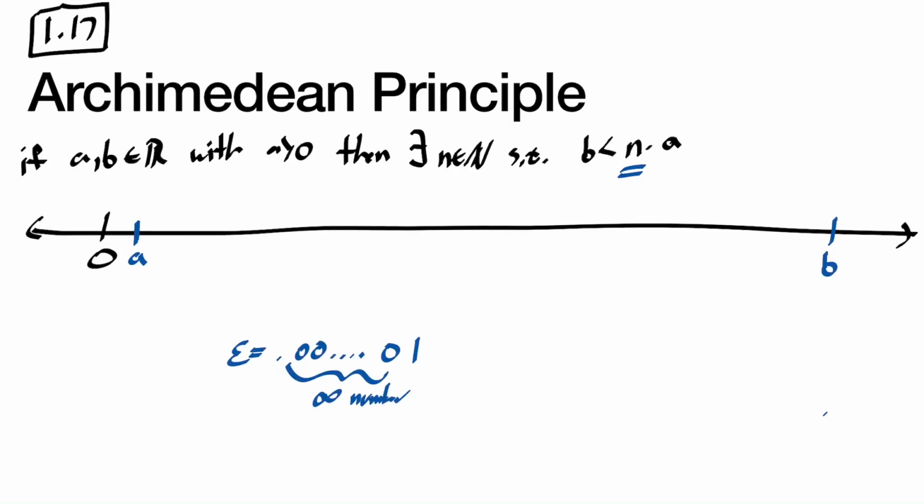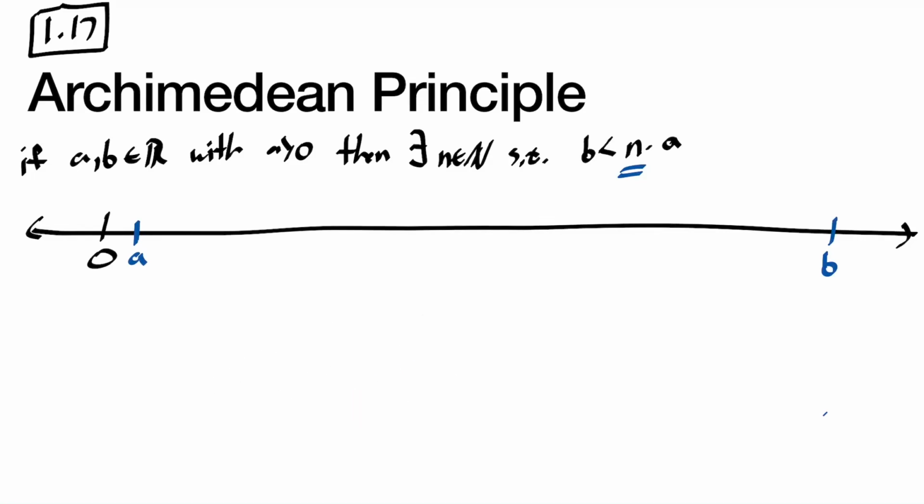The question is, is there a number that looks like this, with an infinite number of zeros and then a 1? Well, if the Archimedean principle is true, then such a number couldn't exist, because you can multiply it by any number you want, and it would never reach 1 or 10 or 100 or something like that. So numbers like this can't be actual real numbers if the Archimedean principle is true.